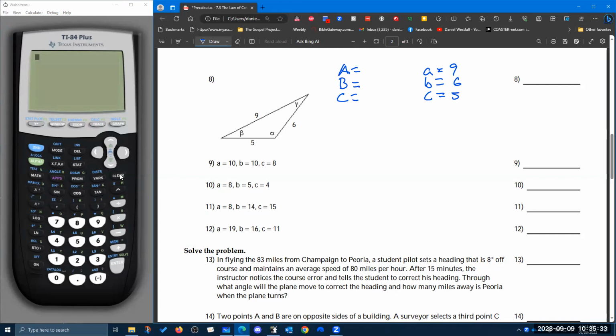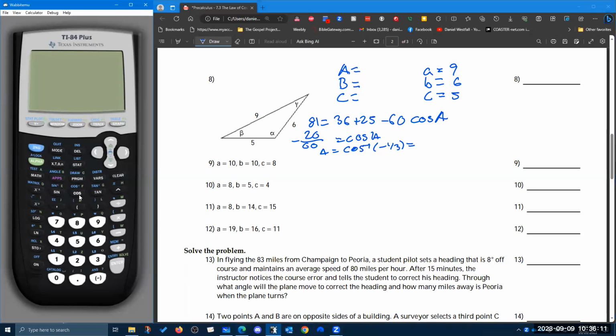So 81 equals 36 plus 25 minus 60 cosine of angle A. 81 minus 61, so this is 20 over negative 60 equals cosine of angle A. A equals arc cosine of negative 1/3, which is equal to 109.47 degrees.